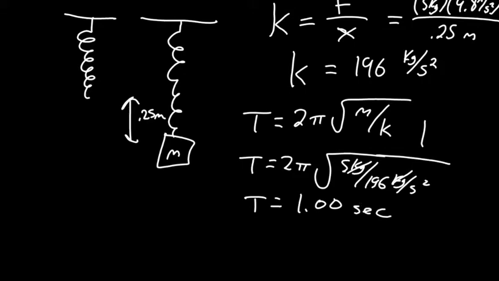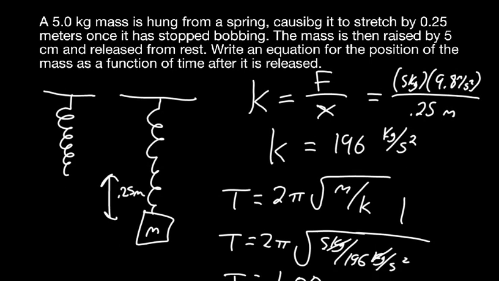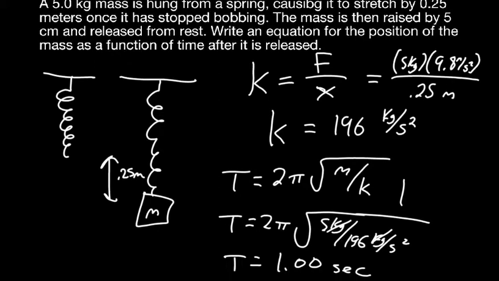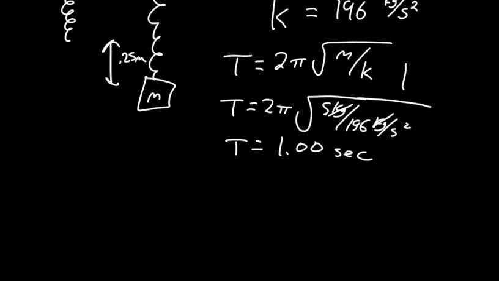Alright, now also in this problem, it tells us that the mass is raised by 5 centimeters from equilibrium and then released. So we have an amplitude of 5 centimeters, or 0.05 meters, if that's more convenient.